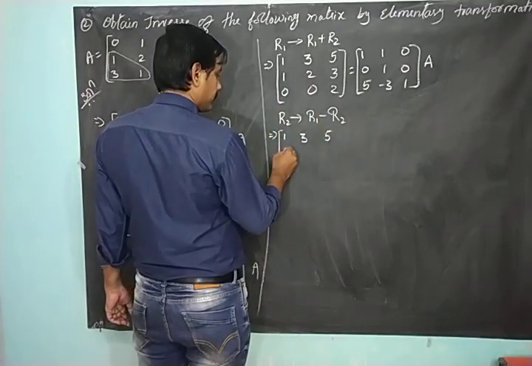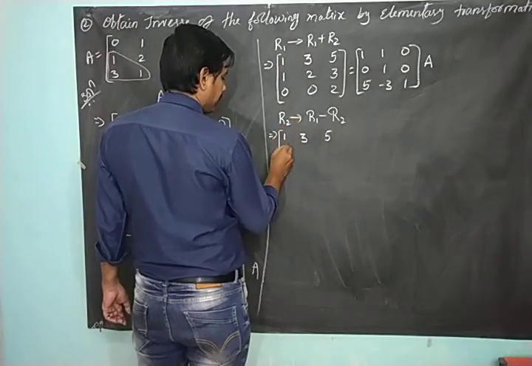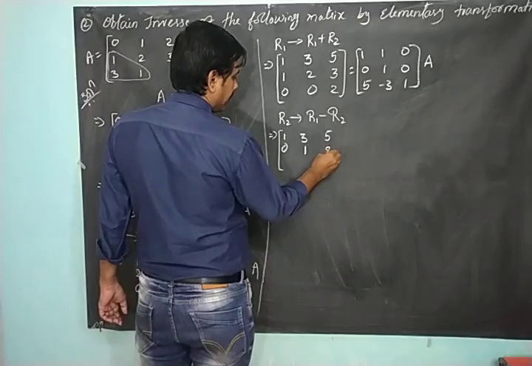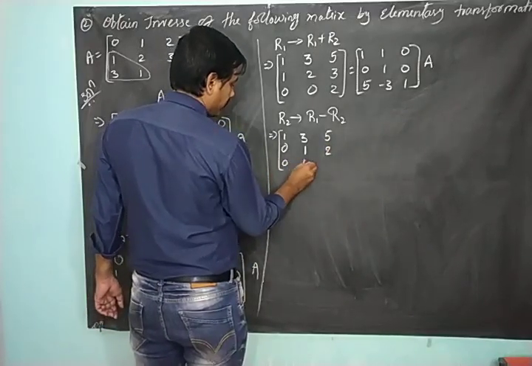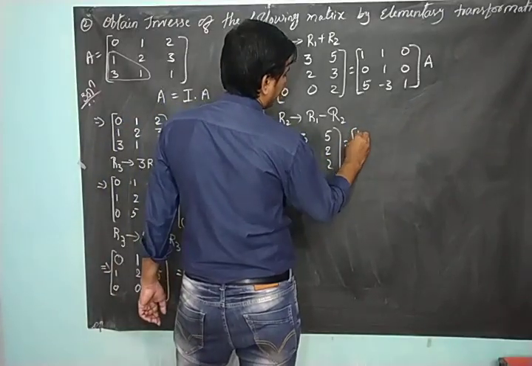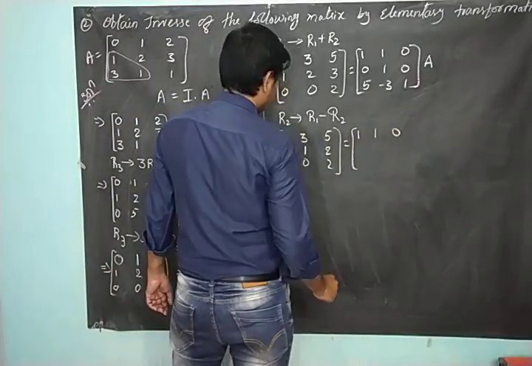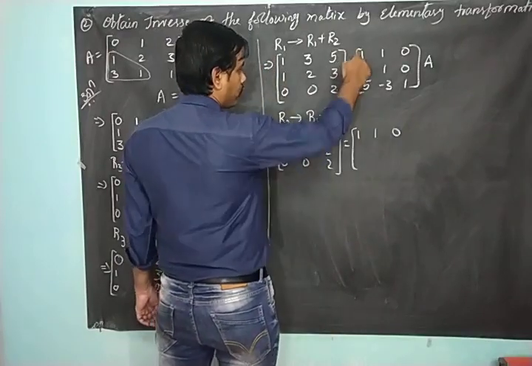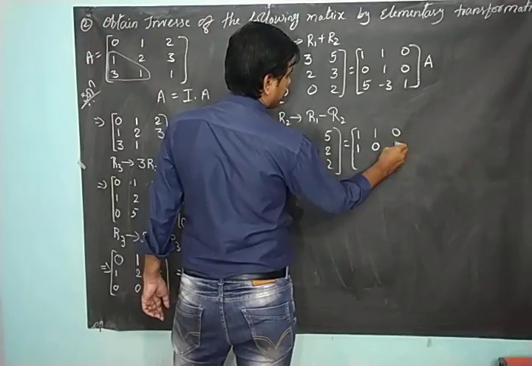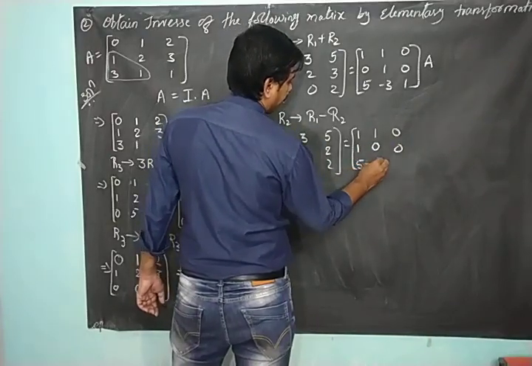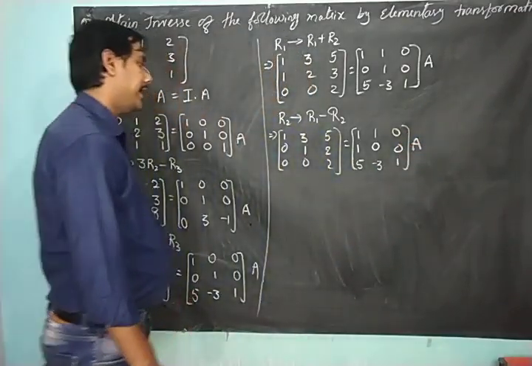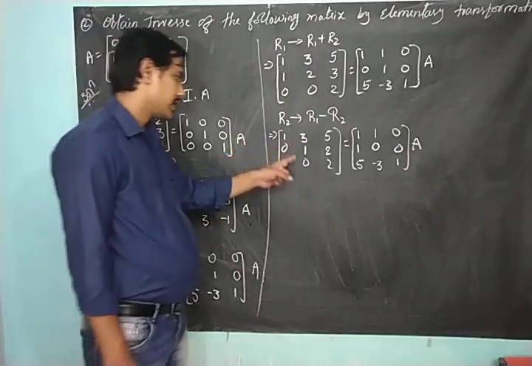Then 1 minus 1, 0, 3 minus 2, 1, 5 minus 3, 2, 0, 0, 2. This is equal to 1, 1, 0. R2 changes to R1 minus R2. 1 minus 0, 1, 1 minus 1, 0. This is 0, 5 minus 3, 1 into A.